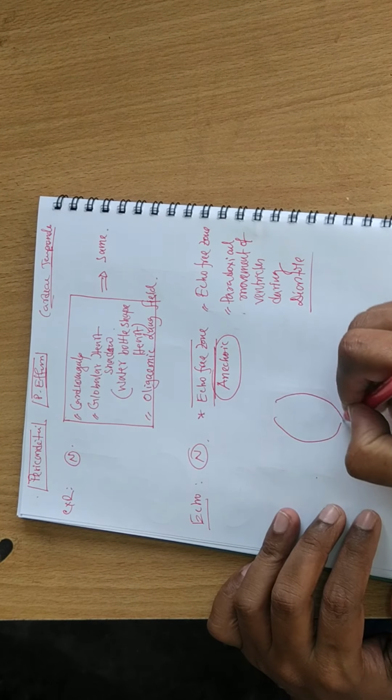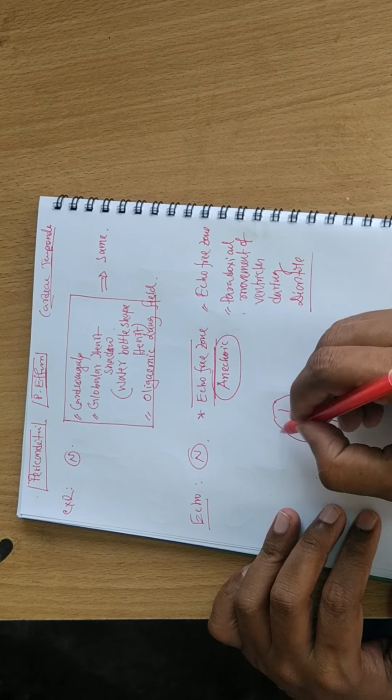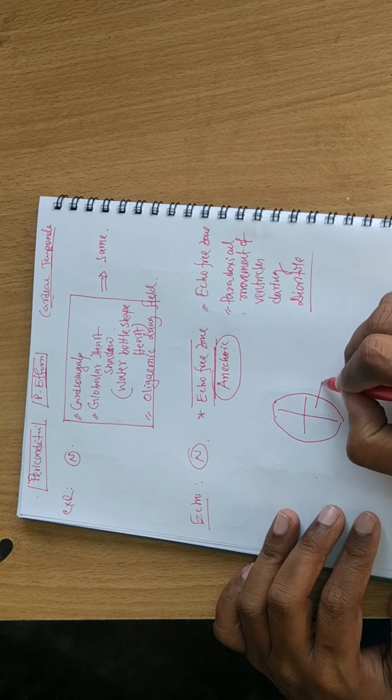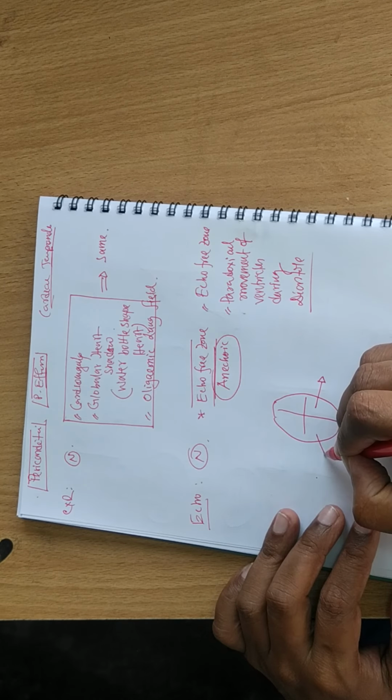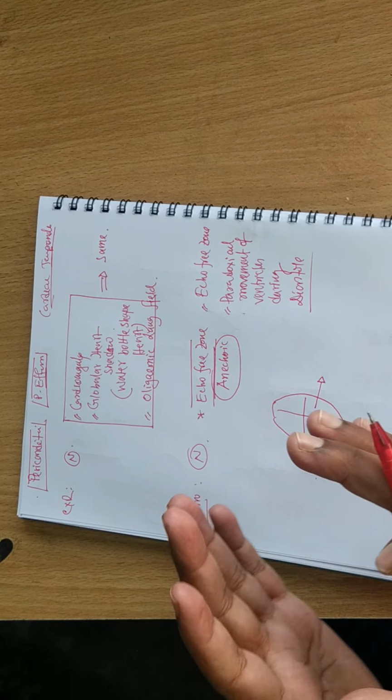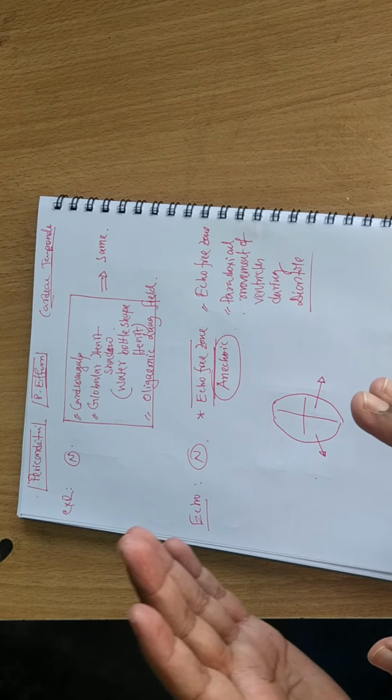Say this is the heart. During diastole, the ventricle becomes relaxed and tries to go outward. At the very beginning of diastole, the ventricle tries to relax and go outward.